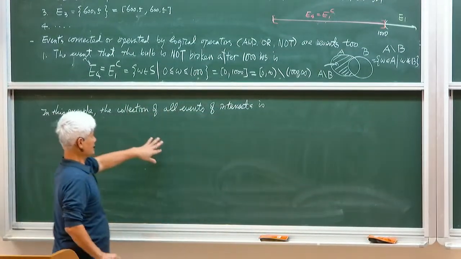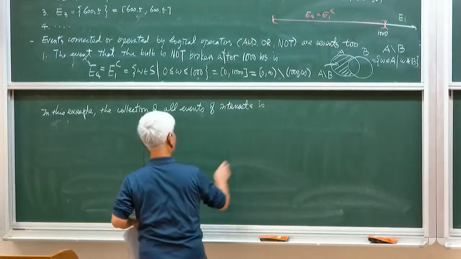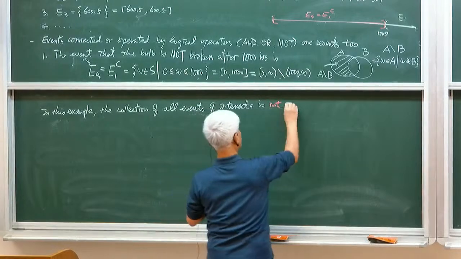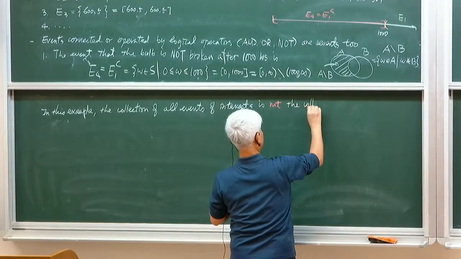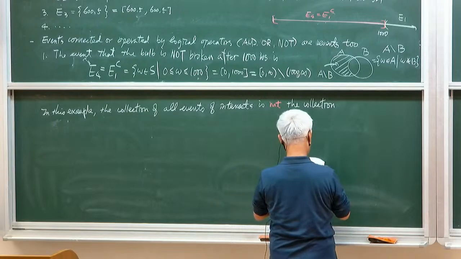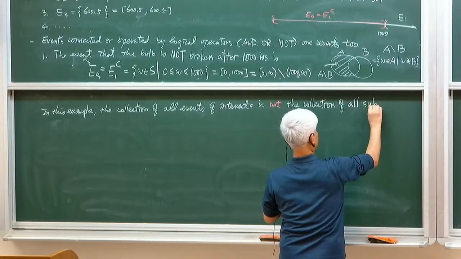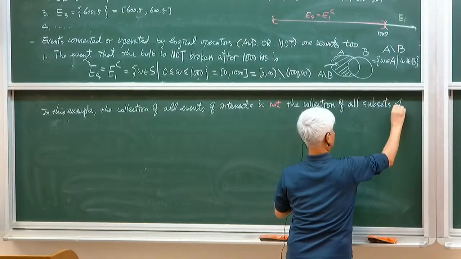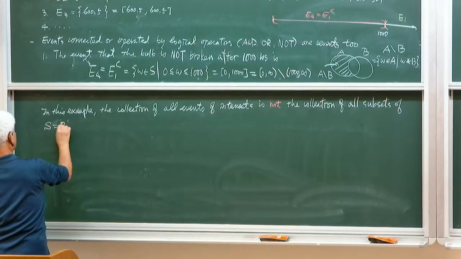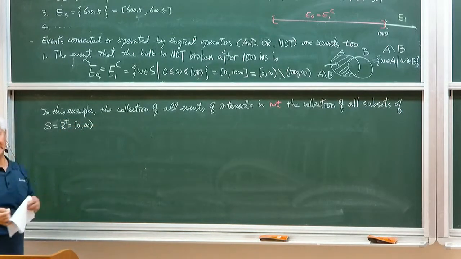Okay, so the collection of events of interest in this case is not the collection of all subsets of the sample space S. Why?